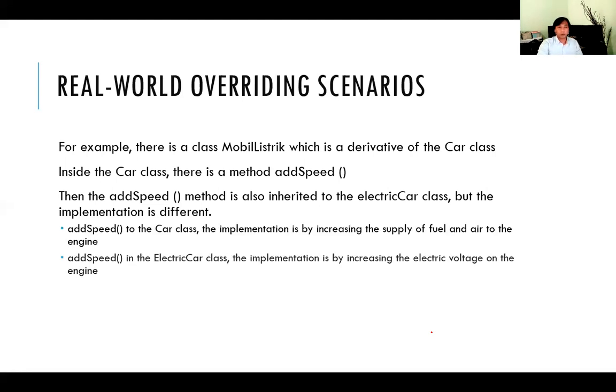So let's say we have a rule that adding speed in a general or conventional car is implemented by increasing the supply of the fuel and the air into the engine. But the adding speed method in an electric car would not be the same as the parent or the conventional car, since the electric car does not use fuel, it's using electricity as its main power.